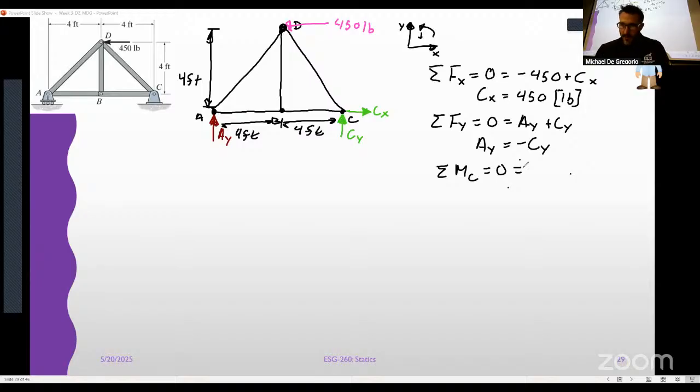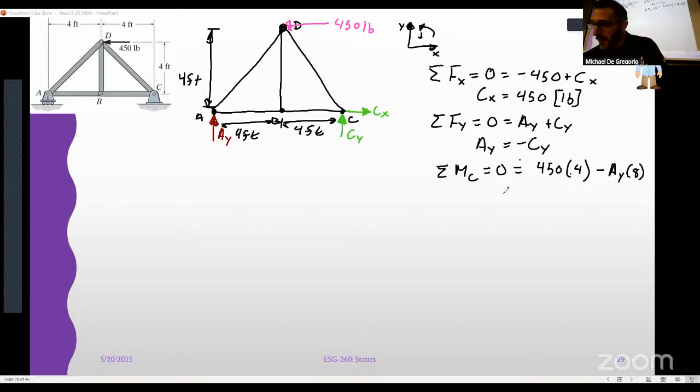And if I do that, well, I've got 450 times 4. That's a positive moment. Minus AY times 8. That would be, as I've drawn it, a negative moment, right?